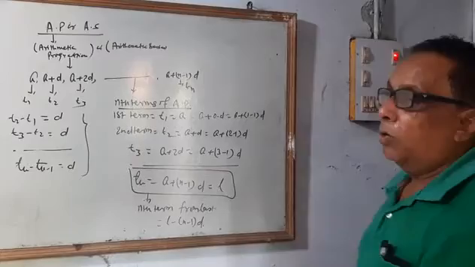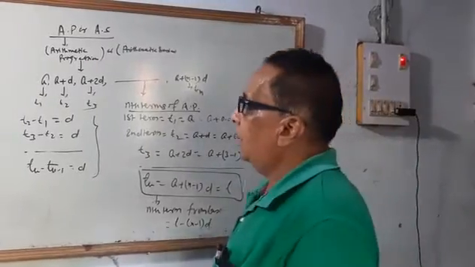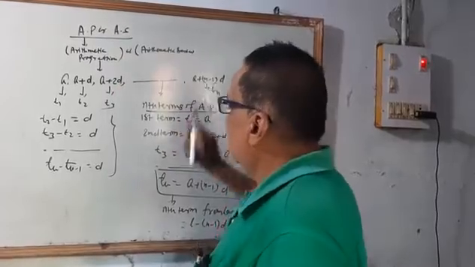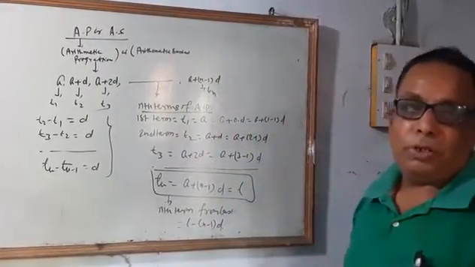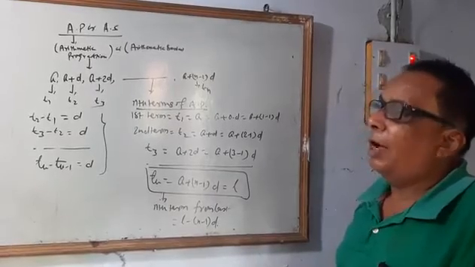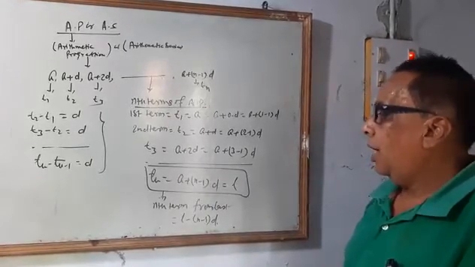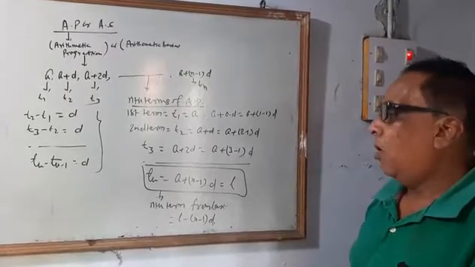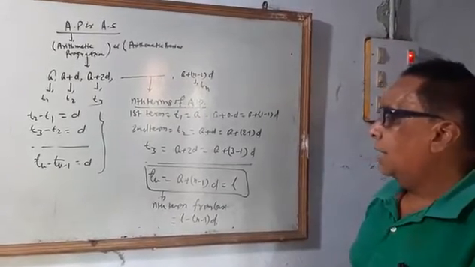This is the basic form to find the nth term of an AP. In an AP, you always have to consider terms of the form a, a plus d, a plus 2d, and so on, a plus (n minus 1)d.